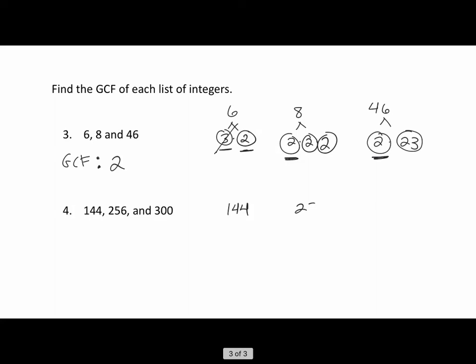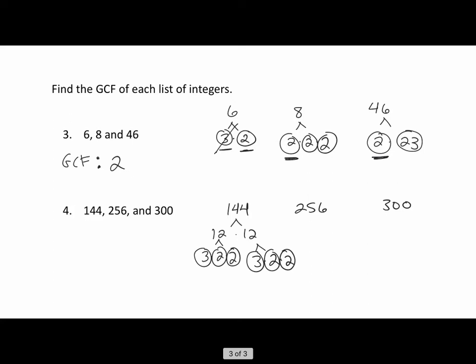For number 4, we have 3 numbers again, and they're pretty large numbers here. So factors of 144 is 12 times 12. And 12 we already factored is 3 times 2 times 2. So each of these has a 3 times 2 times 2 factor.